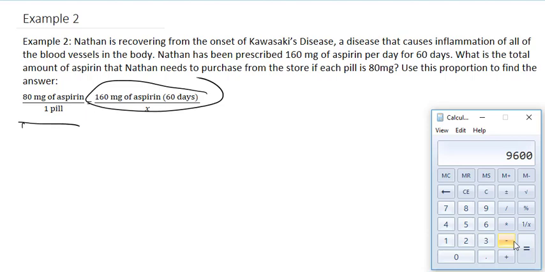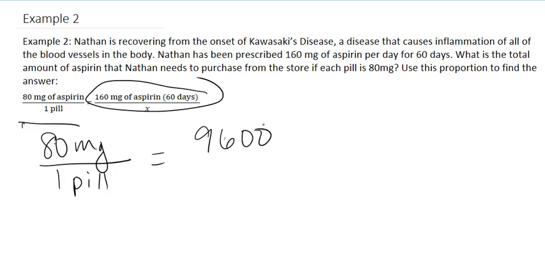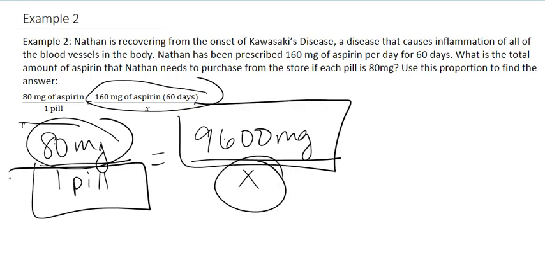So now we would have 80 milligrams over one pill is equal to 9,600 milligrams over x. So now we could cross multiply. So we'd multiply these together, and then we would multiply these together.